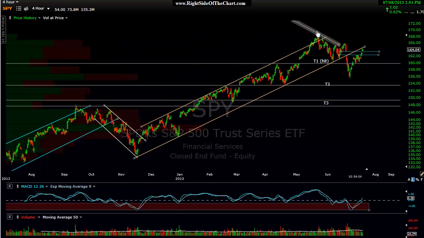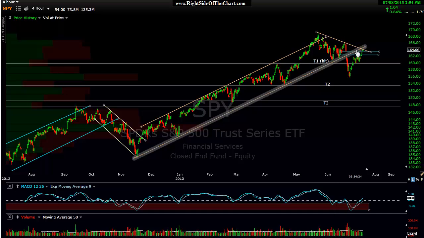Okay, let's see. I wanted to add this trend line. Remember, one of the most simple and effective definitions of a downtrend is a series of lower highs. Here's our high back on May 22nd, the next reaction high, and where we're at today. And I just added this downtrend line in here.